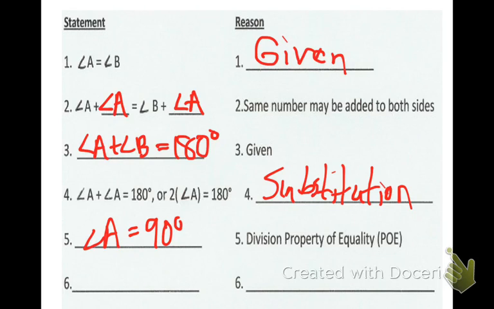That's one of the things I had to prove. What else could I say? Your last statement's going to be something you had to prove. Angle B equals 90 degrees. And what would be my reason for that? Angle A equals angle B, so substitution.